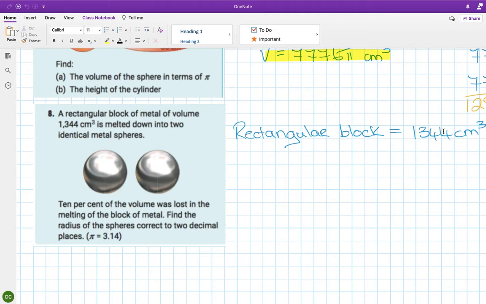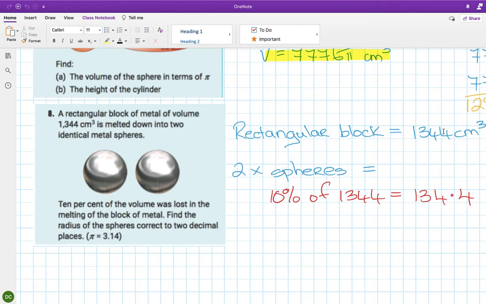So we have 2 spheres, right, but it's going to be 10% less than that. So I'm going to need to do that calculation. So 10% of 1344 is 134.4.